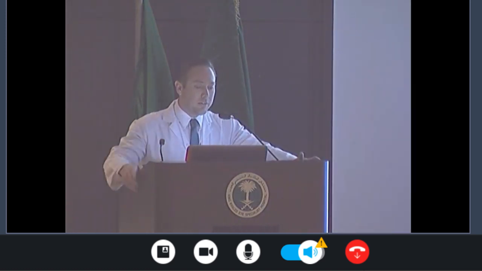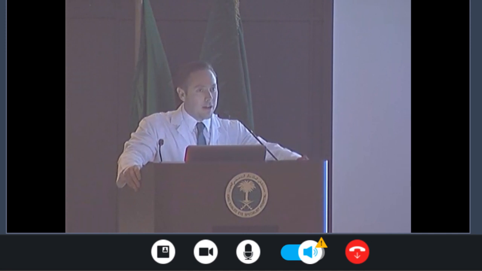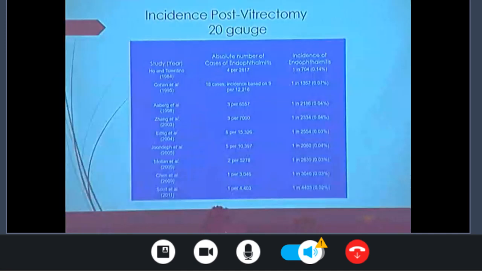So as we would expect, studies have been carried out for all kinds of postoperative endophthalmitis, and the incidence in post-vitrectomy has also been looked at. The first reports came out in 1984 by Ho and Tolentino, and they had a very high incidence of endophthalmitis, although their sample size was very small.